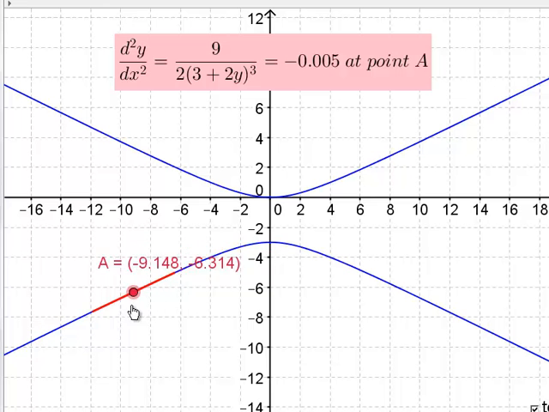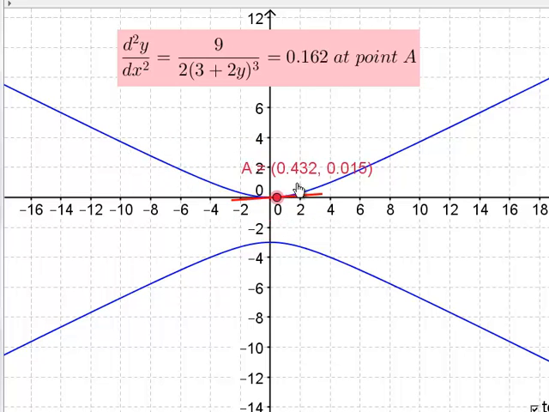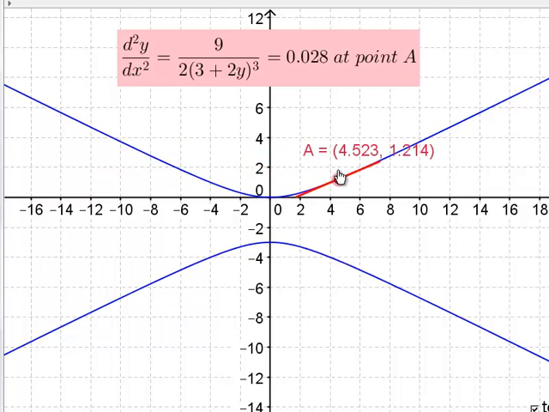So the second derivative isn't telling us about increasing or decreasing. We see that even during the increasing parts right now and the decreasing parts, the second derivative remains negative. Turns out what the second derivative tells us about is whether the curve is essentially smiling or frowning, in layman's terms. Notice on the upper branch, we might say this is more of a smiling shape, and the second derivative is positive.